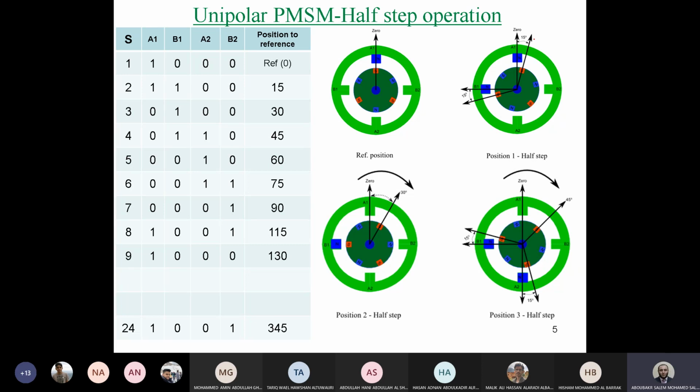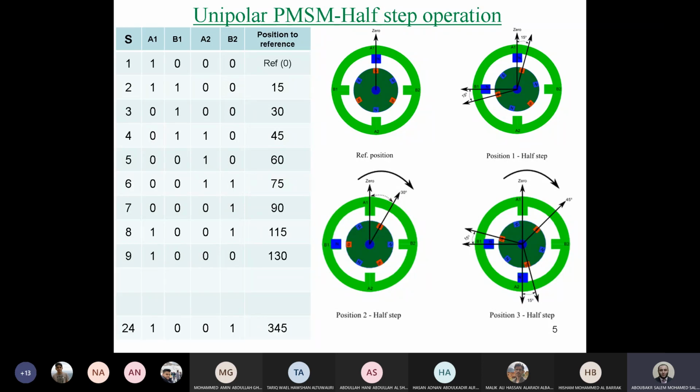So it's also possible to move the unipolar stepper motor using half step operation. Of course, if you now remove the pulse on A1, it will return to the 30 degrees position, and so on. By the same way, we can continue operating this motor at half step.